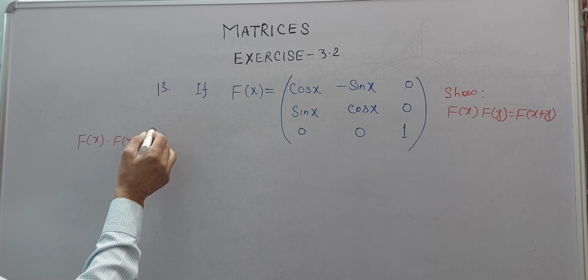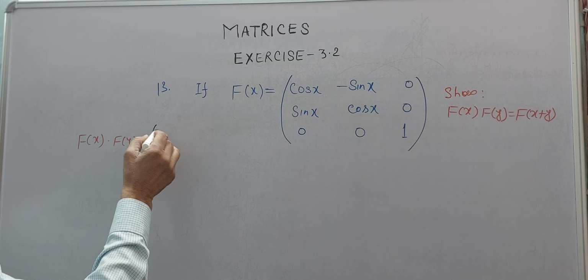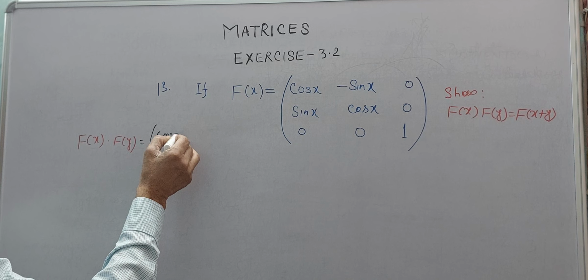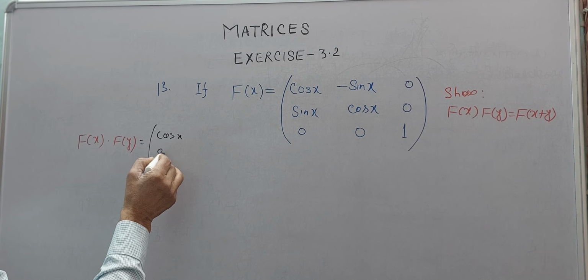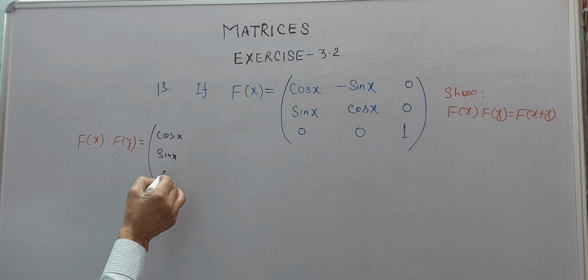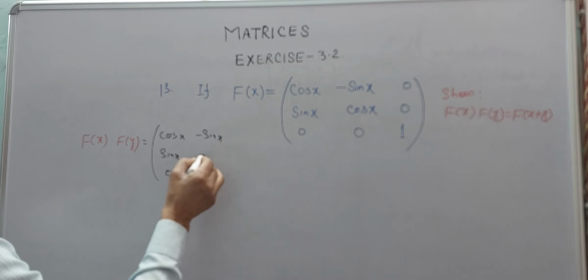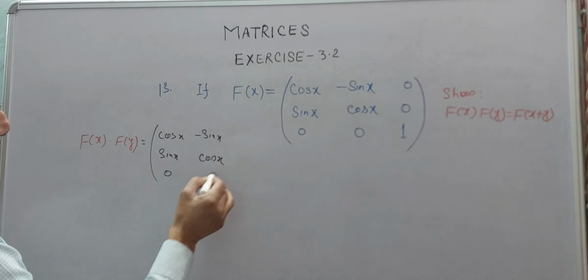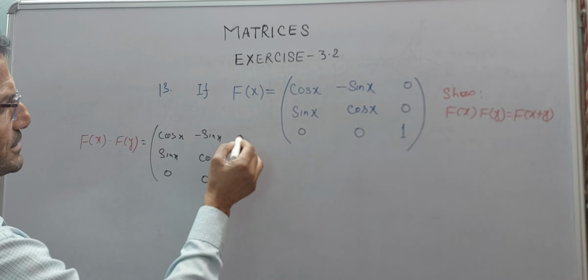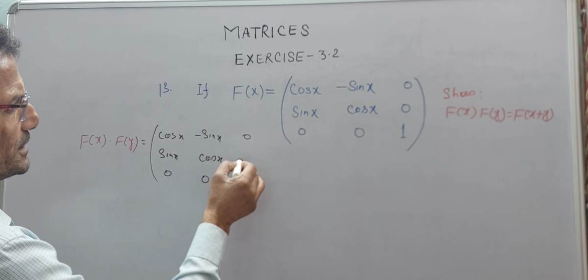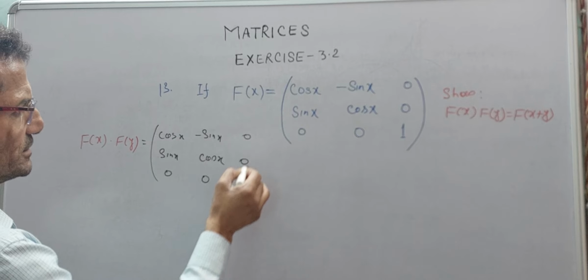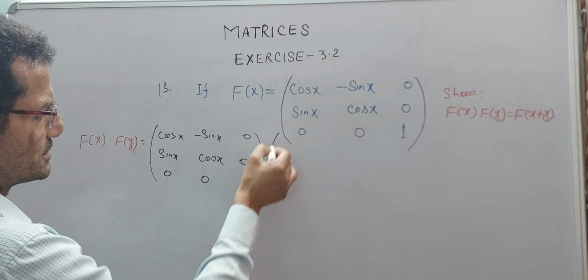So f(x) is cos x, sin x, 0; minus sin x, cos x, 0; and 0, 0, 1.